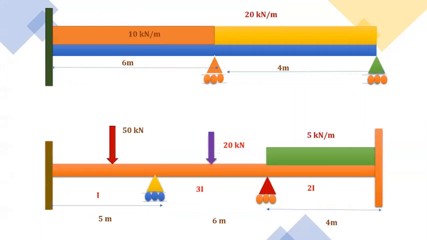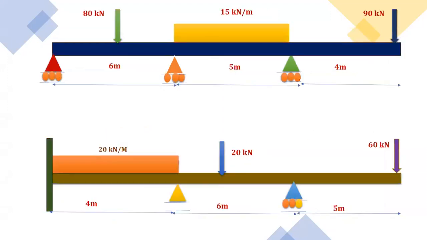Now if you see this diagram, the first one is a 2 span continuous beam with one end fixed and one end simply supported. The bottom one is a 2 span continuous beam with fixed ends. If you observe the bottom diagram, both ends are fixed, and the moment of inertia is varying.